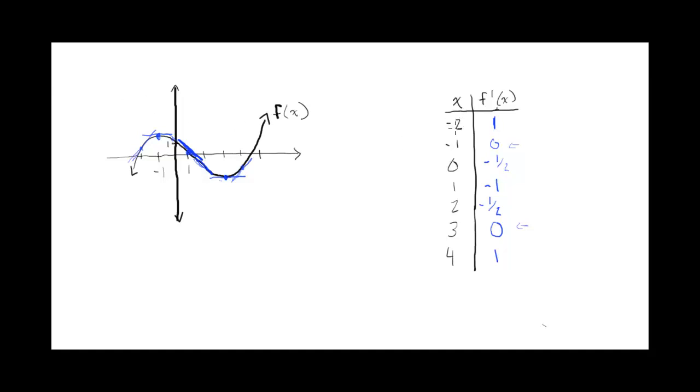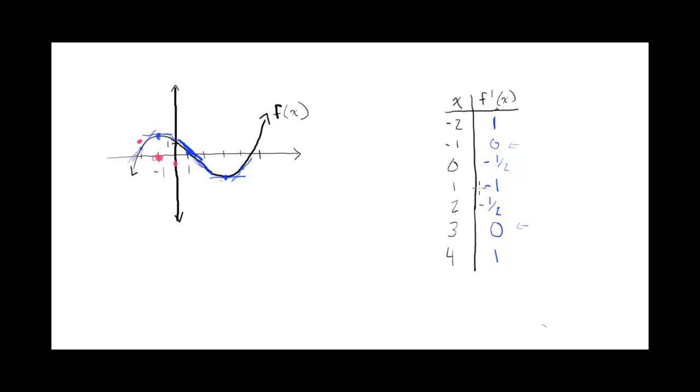We just have to plot these as coordinates. So -2, 1. So we get a point there, right about there. -1, 0, right around there. 0, -1/2, about there.